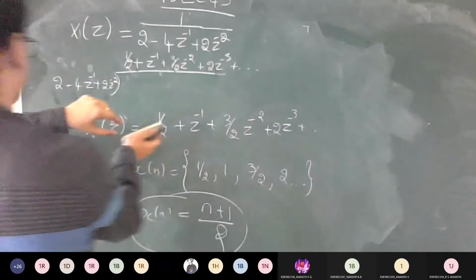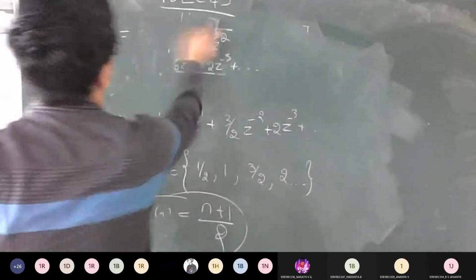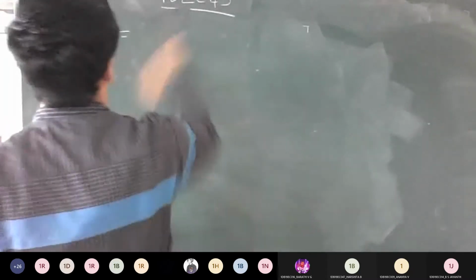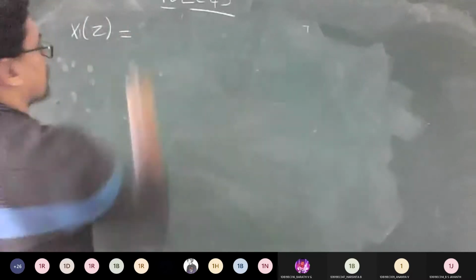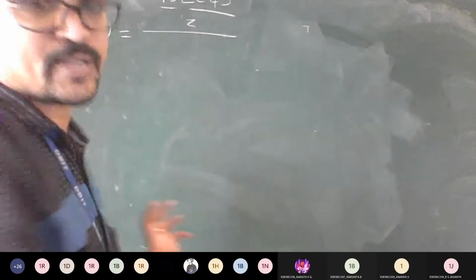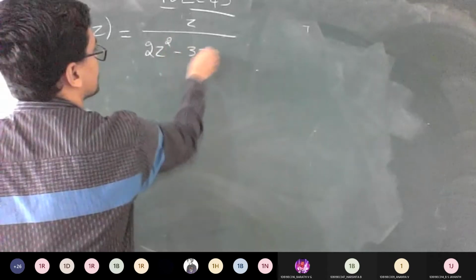So x of z is given to you as z divided by 2z square minus 3z plus 1.